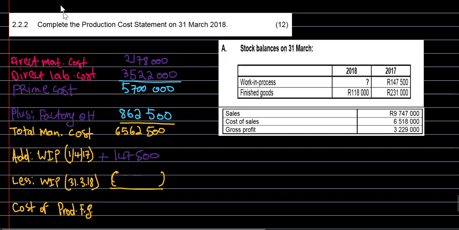And now let's just erase these brackets here. Okay, now we are given this one, less WIP, that is closing work in progress. We don't know it, so we must calculate it aside here.